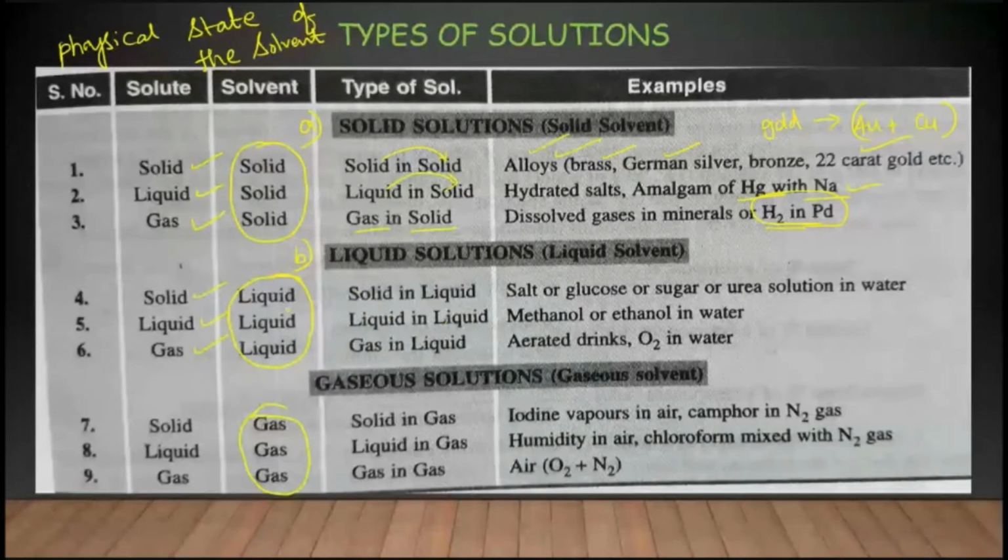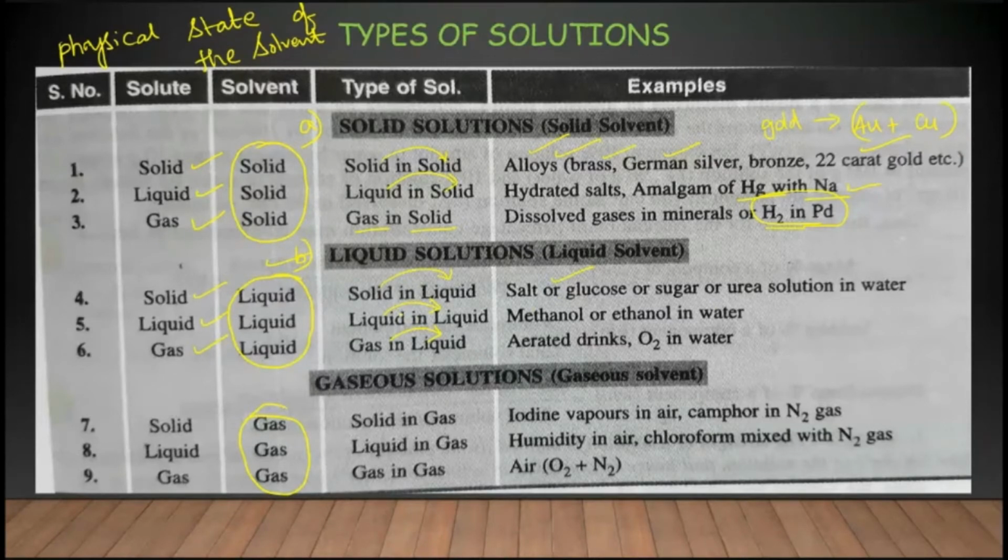Okay. The second type of solution is liquid solutions. Here the solvent is liquid, and three different types also exist. There is solid in liquid, liquid in liquid, and gas in liquid. For solid in liquid, a very common example is salt dissolved in water.